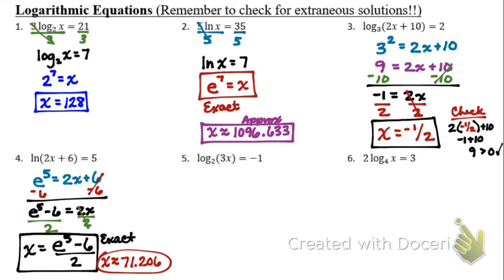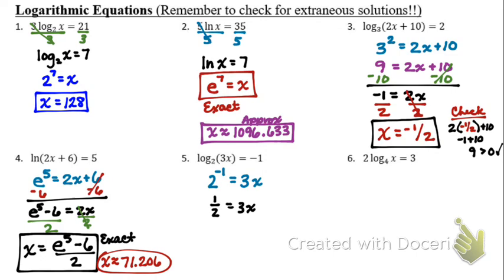Number 5. What can I do with this? How do I write this? 2 to the negative 1. 2 to the negative 1 equals 3x. What is 2 to the negative 1? 1/2. 1/2 is equal to 3x.